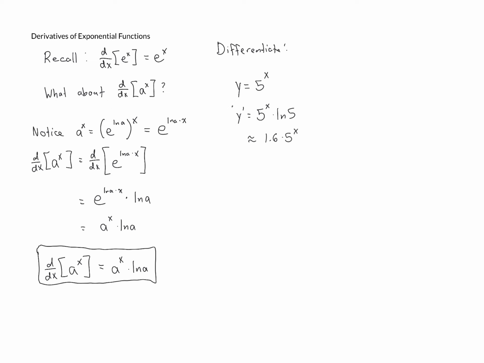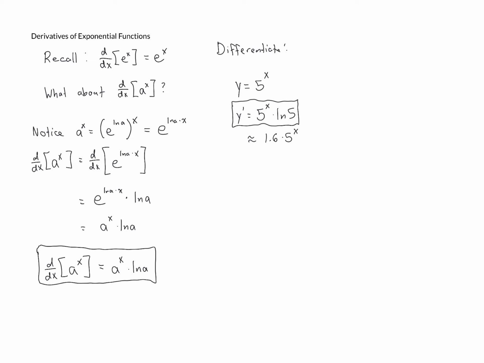Now, we usually don't need decimal approximations, especially when we're dealing with functions. So we're going to want to put the exact answer in WebAssign if you're solving a homework problem or whatnot. But I want to show you this simply because this ln of a, which is approximately 1.6 here, is just a constant that's getting multiplied by the function.